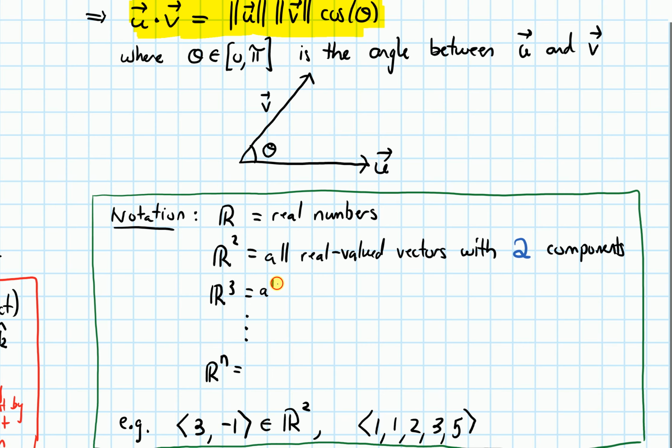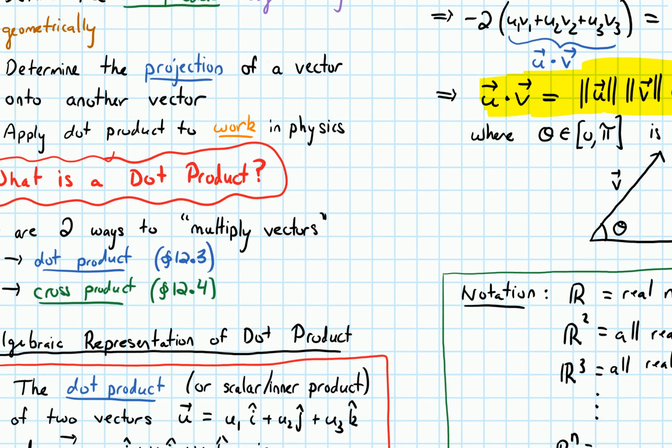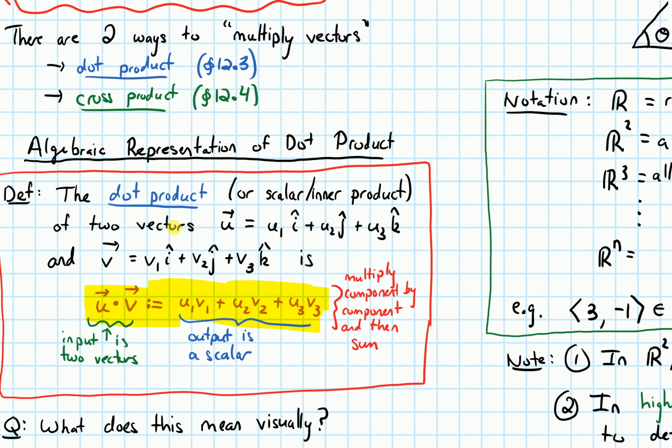So similarly, R3 would be all real valued vectors with three components. So in the dot product formula that I wrote here, this U and this V, they were elements of R3 because they each had three components. But I could have defined this in terms of vectors with any number of components. I could do two components, one component. I could do higher dimensions.